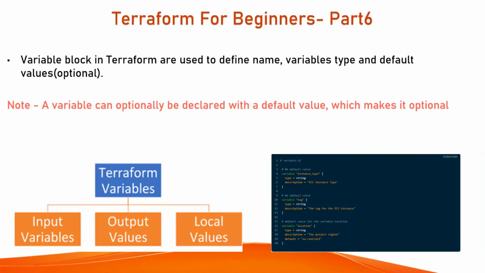On the screen, you can see I have a variable called instance type, a variable called tag, and a variable called location, where if you see very closely, I have defined a default value for the location, but for the rest of the two variables, I haven't defined a default value because it's optional.